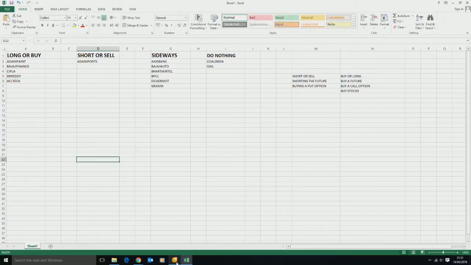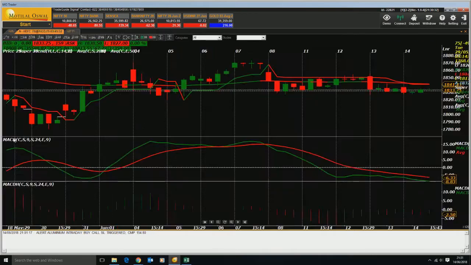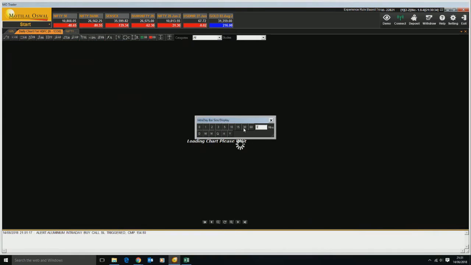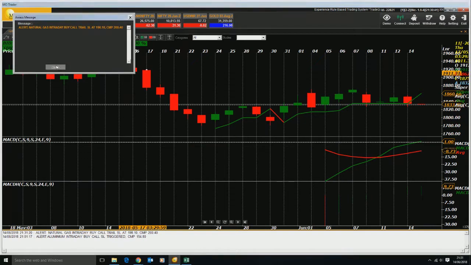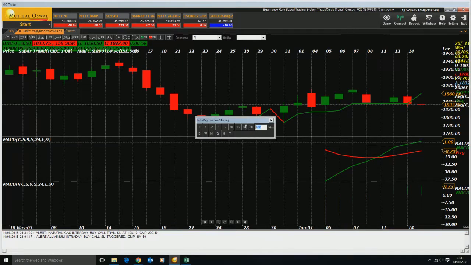right? Okay, let's go to HDFC. HDFC on the 375 minutes time frame is giving me a short entry, but let's see on 120 minutes.